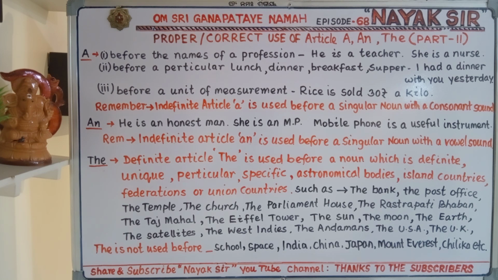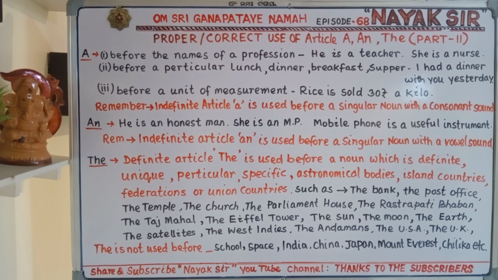But your father, to meet the headmaster, if he is going to school, he is going not for studying, not for learning. He is going to have a discussion with the headmaster. So he is going to the school. If a patient is going to a hospital, you can say I am going to hospital.